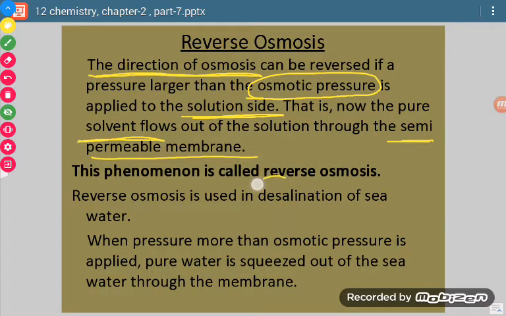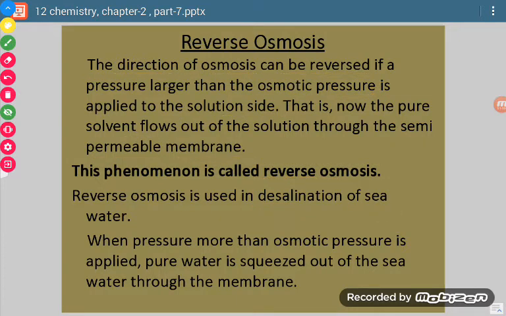A very good example of reverse osmosis is desalination of sea water. Desalination means removal of salt from the sea water. For this process we use reverse osmosis.